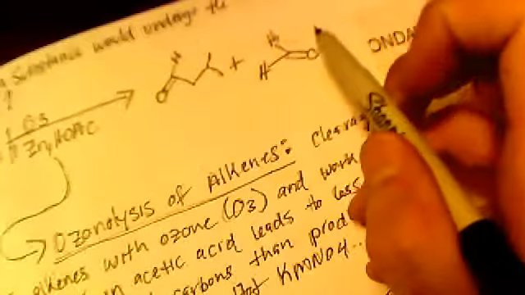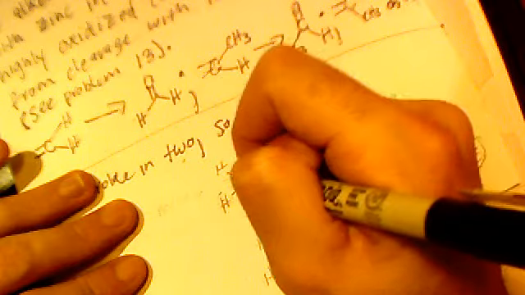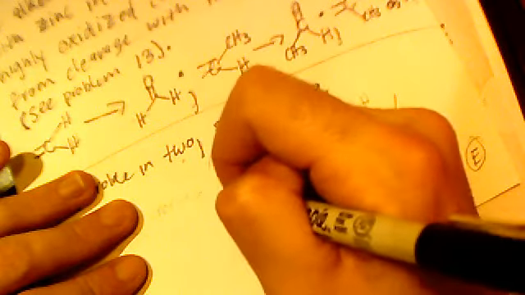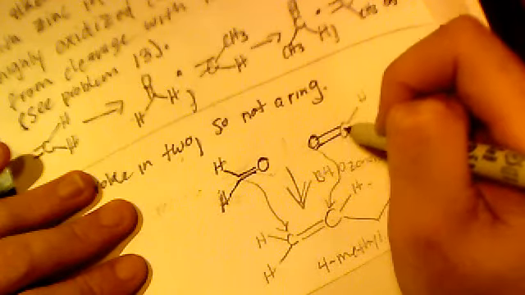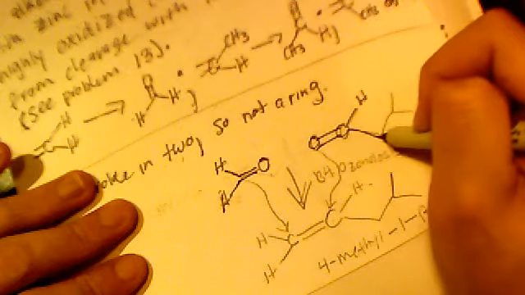So I rearranged these two molecules that I started with, and I put the carbonyl groups right there head to head. So I had a formaldehyde and an aldehyde.